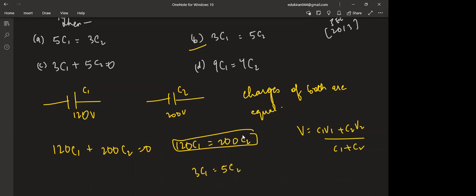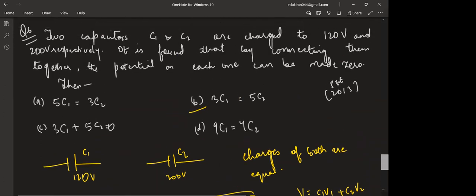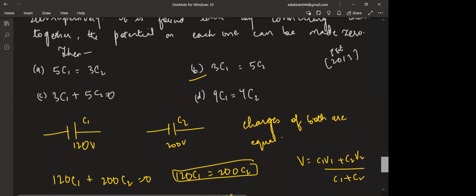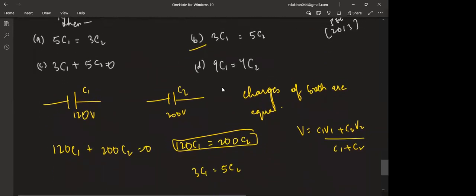Ma'am, but it would be negative, right? Yes, it would be negative. But here, since only magnitudes are given, you'll get the same formula from that term, because we do not have any considerations about signs. Minus, plus, nothing is given, because we do not know the capacitance's value. Right now we are just having the charge.